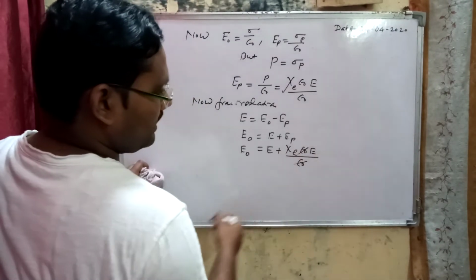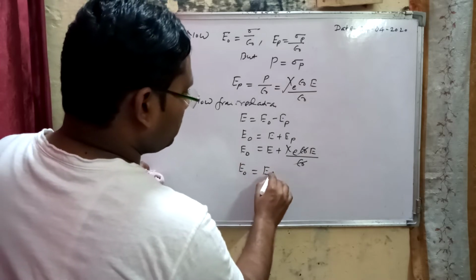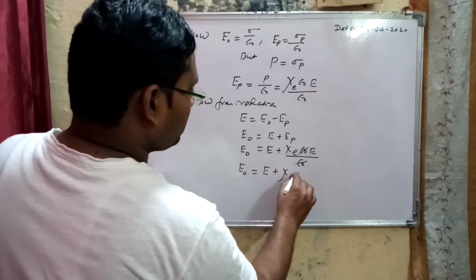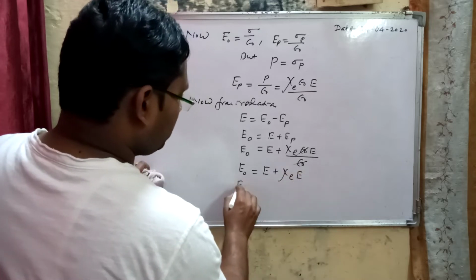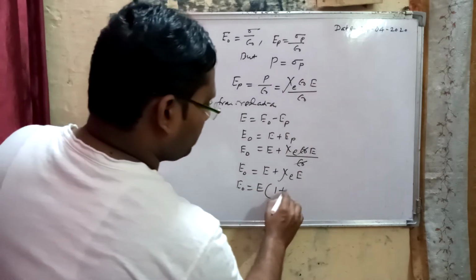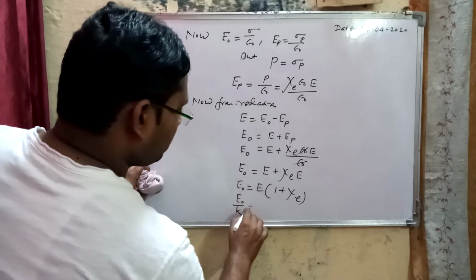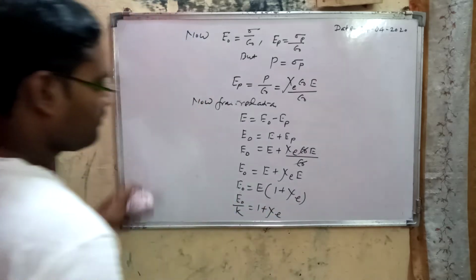This epsilon naught cancels this epsilon naught. Now here E naught is equal to E plus chi e E. Now we take capital E common, then 1 plus chi e. Now E naught by E is equal to 1 plus chi e.